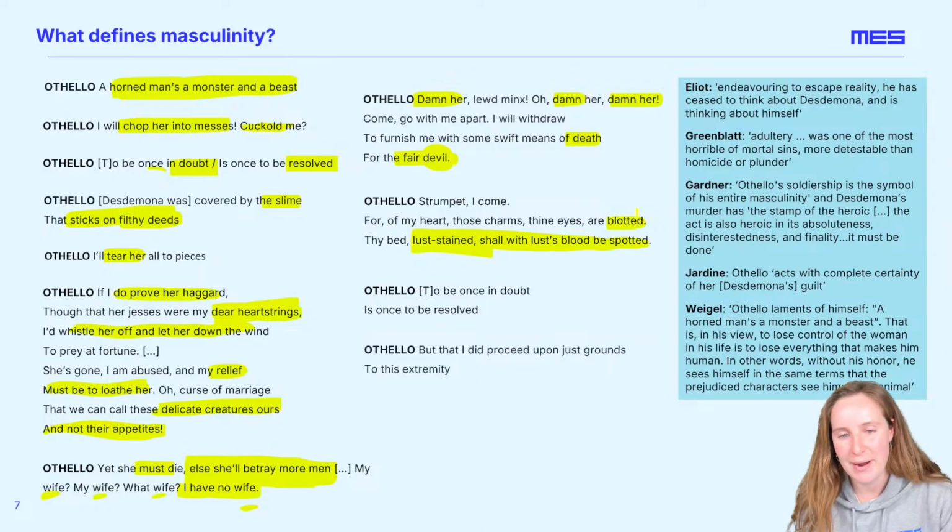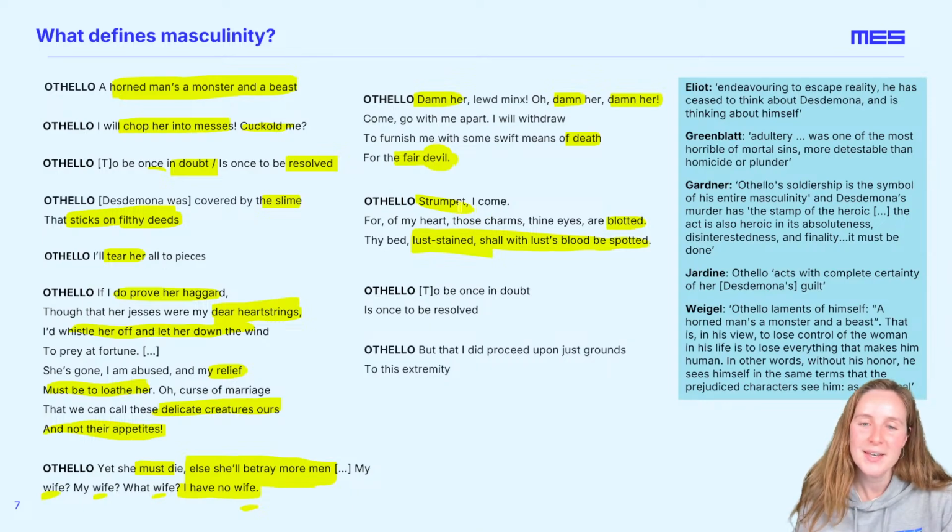So we spoke about the marriage bed a little bit here in our previous lesson. This idea of the names, first of all, strumpet being another word for whore, for example, a curse towards her. Of my heart is stained, blotted, stained. Your eyes and charms are all blotted, are all stained to me. I can't feel them anymore.